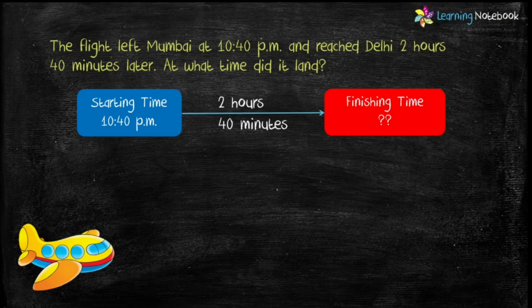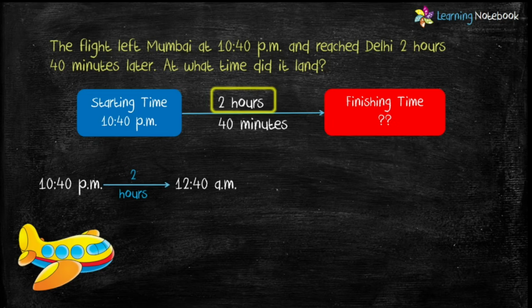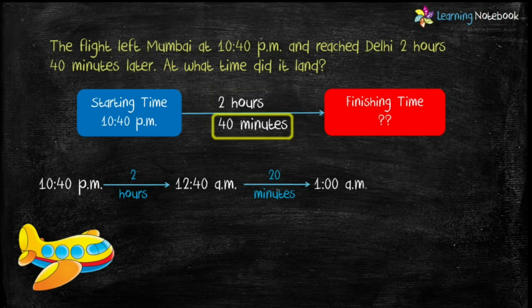Starting time is 10:40 p.m. and we are given duration as 2 hours 40 minutes. So let's first add 2 hours to 10:40 p.m. We get 12:40 a.m. Now 40 minutes is remaining. Time is 12:40, so we cannot add 40 minutes directly to it as it will be 80 minutes.